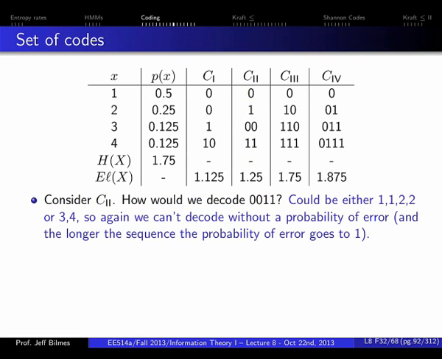So in this case, we have the same problem. It could either be 1, 1, 2, 2, or 3, 5. So we can't decode without a probability of error.